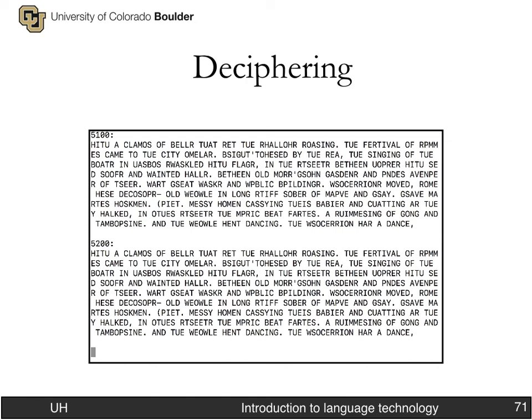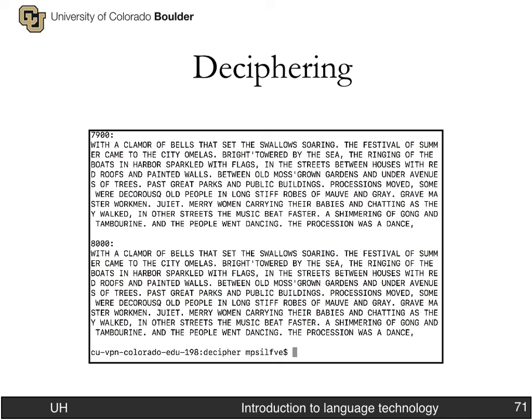And it still takes a little bit of time for it to really get the entire message correct. But ultimately, at about 7,000 random ciphers, it has almost deciphered the entire message. There are some characters that seem to still be incorrect, but most of them are correct, and we can read the message now.